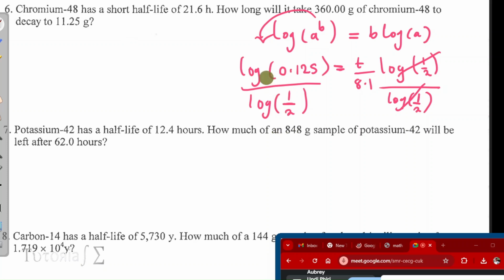Open parentheses, log of 0.125, close, then divide by log of 0.5. Make sure you use parentheses when dividing.